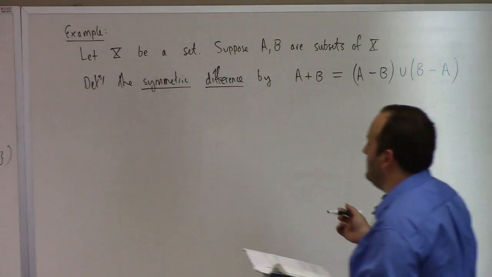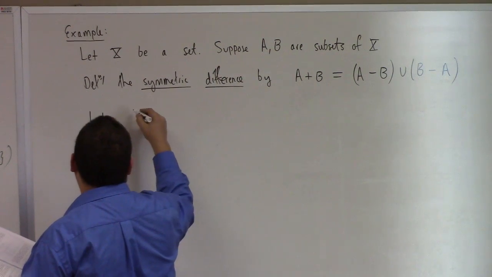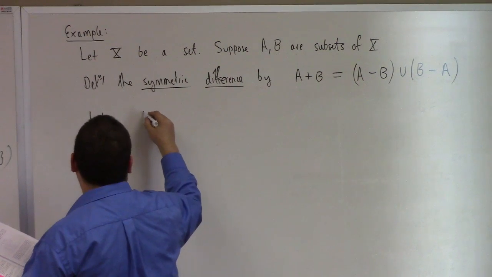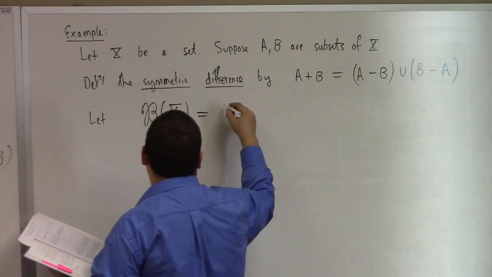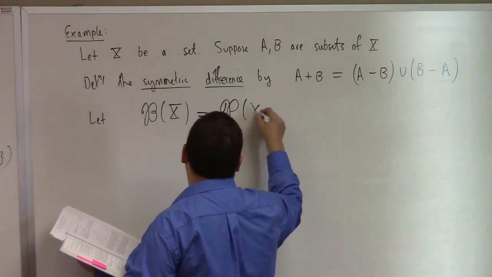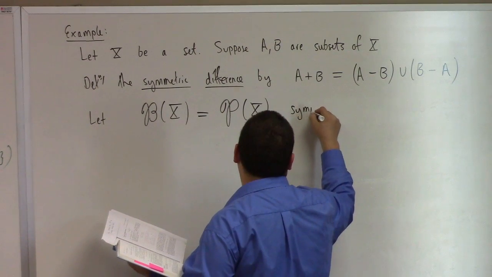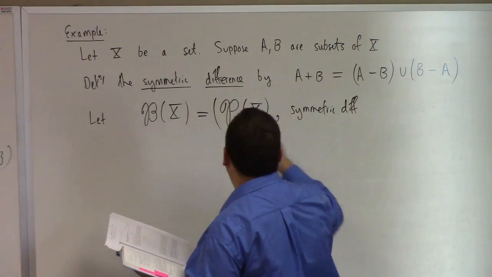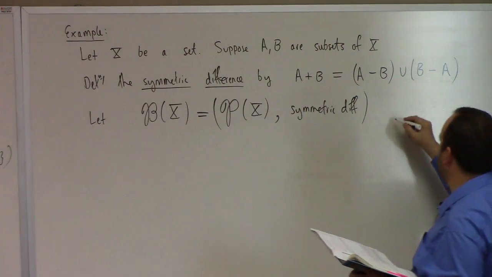So basically, here's the notation that Rotman uses for it: B of X, which I would say is the power set of X paired with symmetric difference. So the power set of X is what?